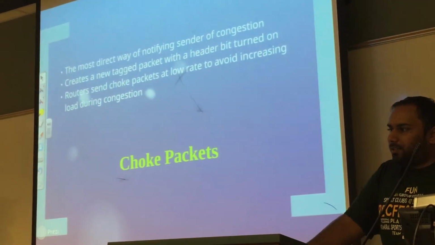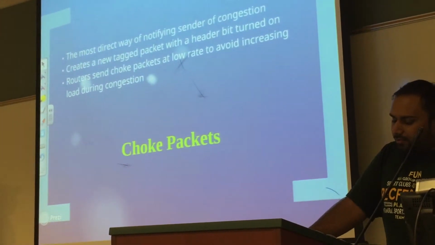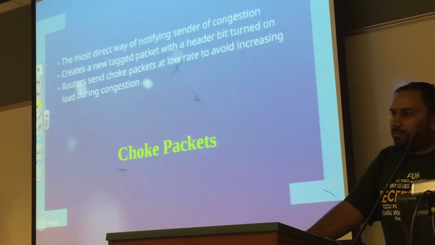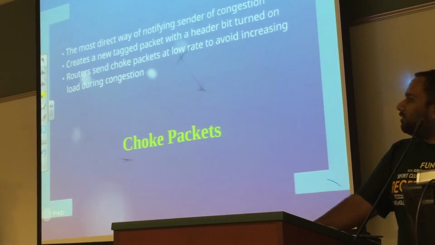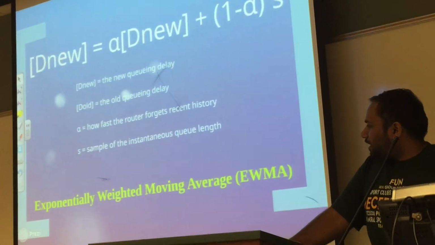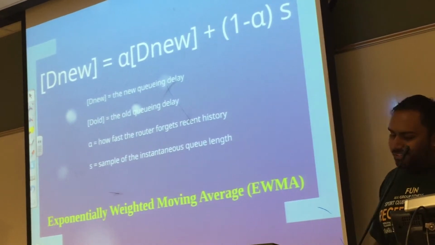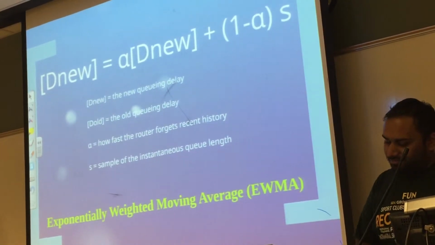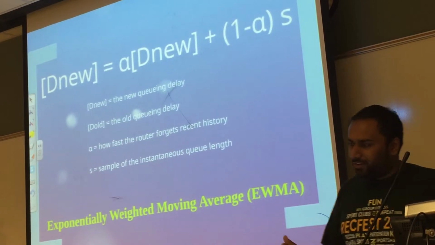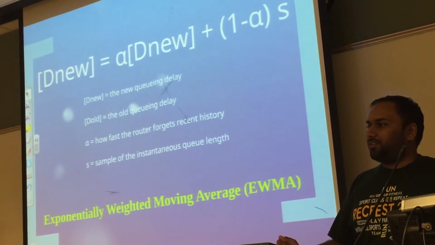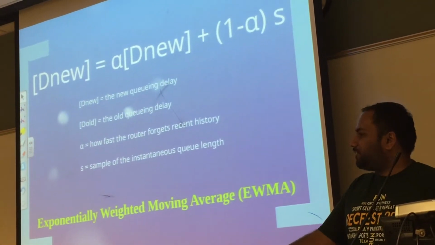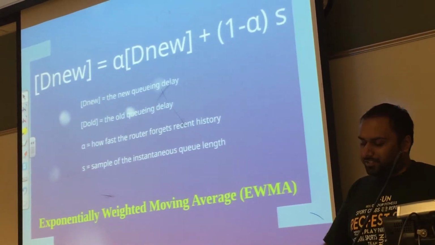The time to send is determined by a formula which is called exponentially weighted moving average. So that's the formula. You can read that. It's basically an equation to determine if the router is congested or not by having a threshold. And if the equation result meets the threshold, then it starts sending choke packets.